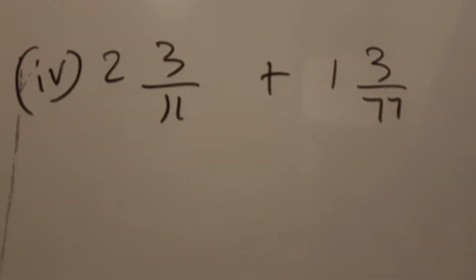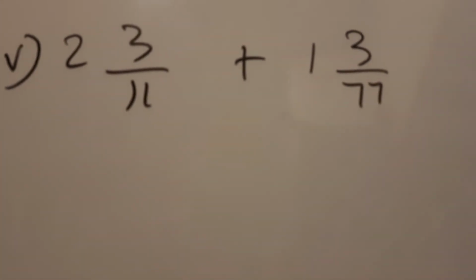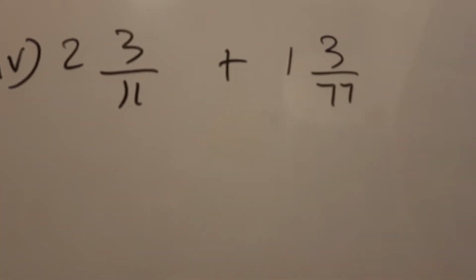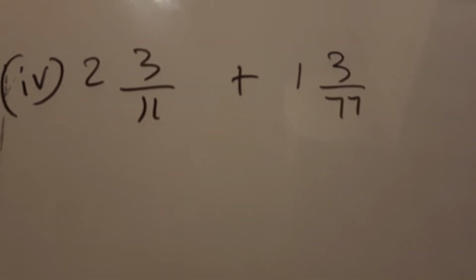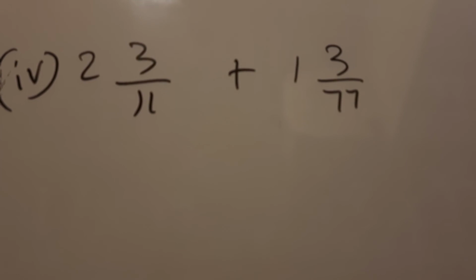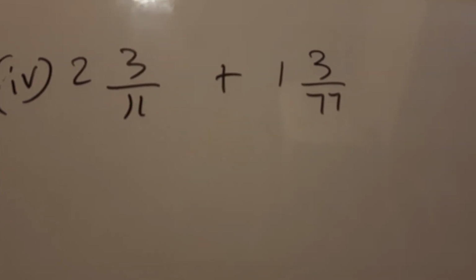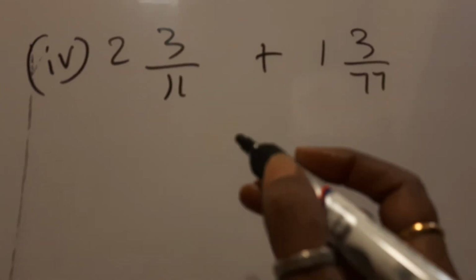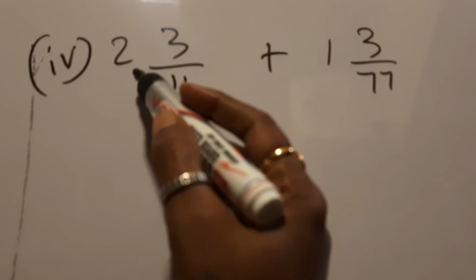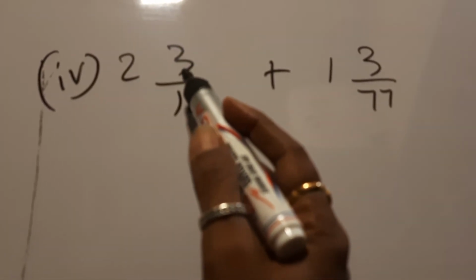Fourth sum, 2 3 upon 11 plus 1 3 upon 77. A bit tense to complete the portion. So first we will convert that into a fraction. 11 into 2. 11 twos are 22. 22 plus 3. How much?